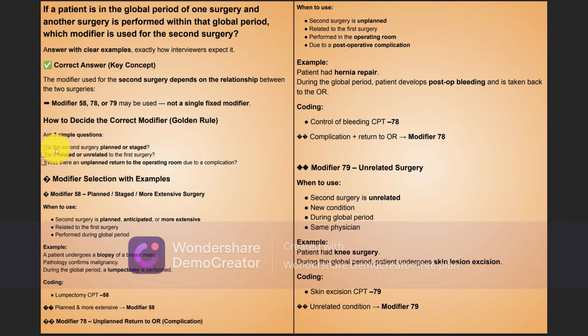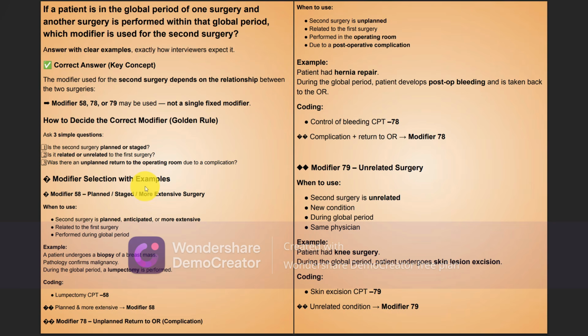First question, is the second surgery planned or staged? Second question, is it related or unrelated to the first surgery? Third, was there an unplanned return to the operating room due to complication? So before we code the second surgery, we need to ask these three questions.